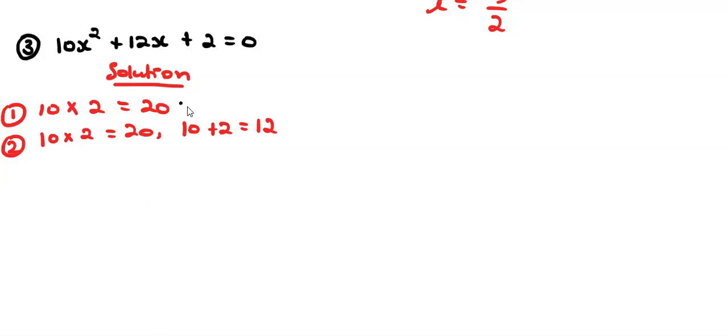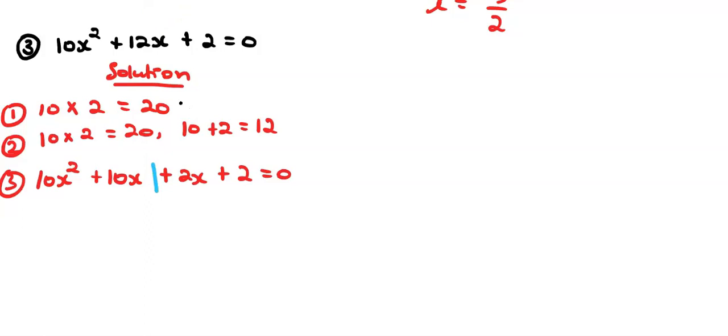So step number 3, we're going to rewrite the equation. That is 10x squared plus 10x plus 2x plus 2 is equal to 0. And as we say, guys, we're going to bust it down the middle.